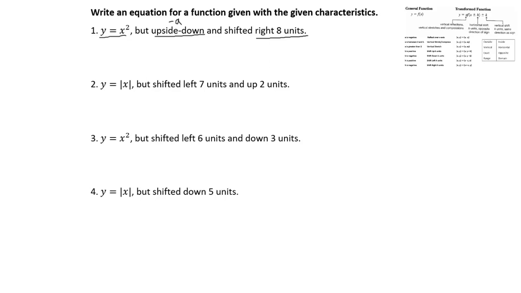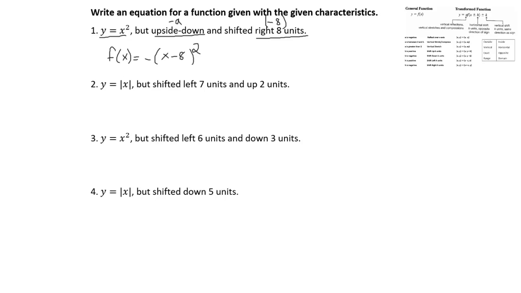So right 8 is on the inside, so that's a minus 8 on the inside. So this is going to look like f of x equals negative, on the inside x minus 8, and then make it squared because this is a quadratic.